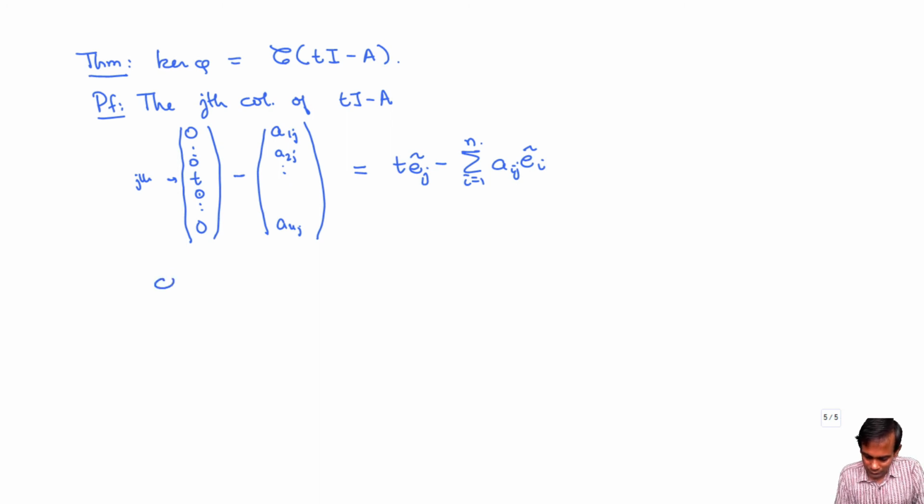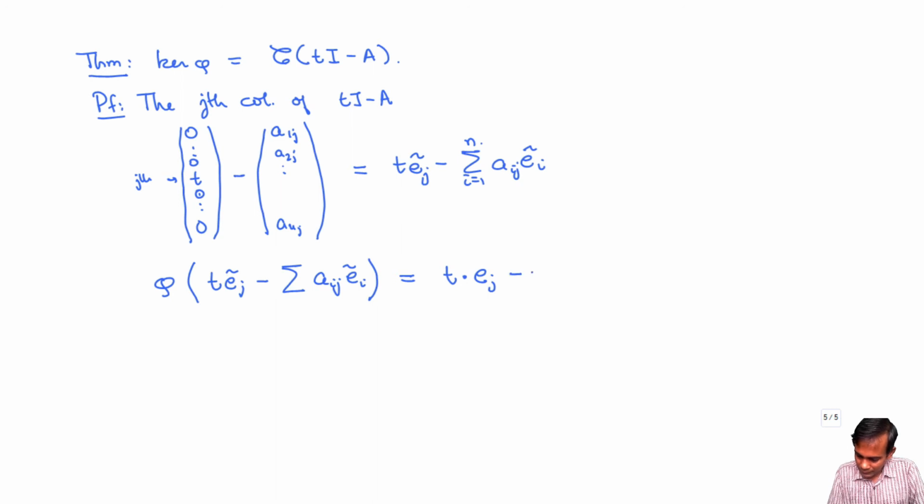So let's apply phi to this column. We get phi of t e_j tilde minus the sum of a_ij e_i tilde. And now let's use the fact that phi is an F[t] module homomorphism. So you will get the action of t on phi of e_j tilde. So phi was defined by taking e_j tilde to e_j. So this becomes t acting on e_j minus the sum over i of a_ij, and e_i tilde goes to e_i.